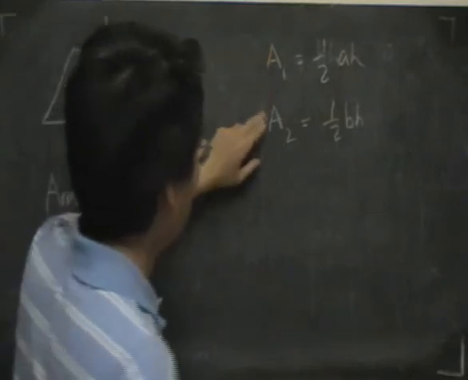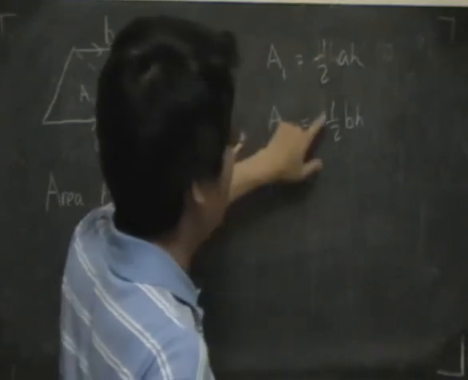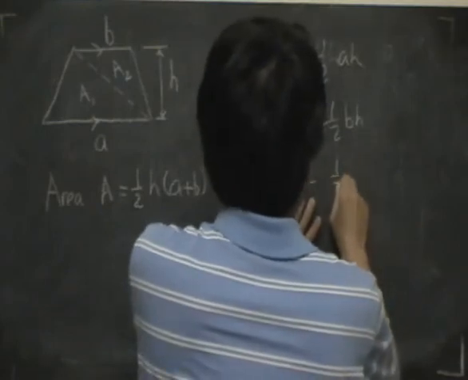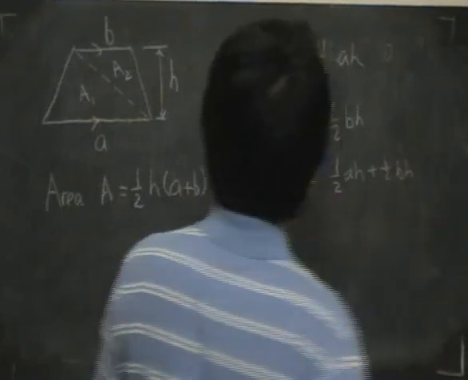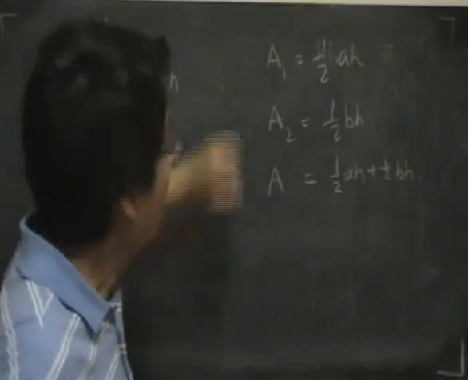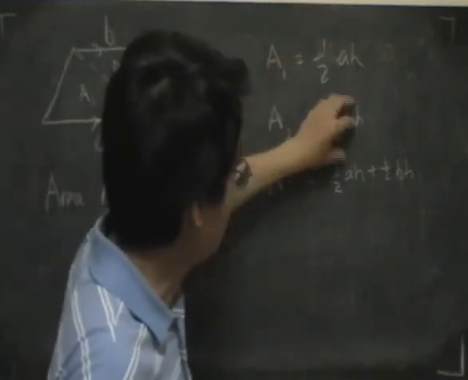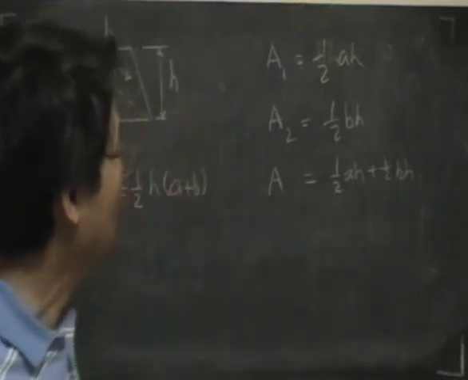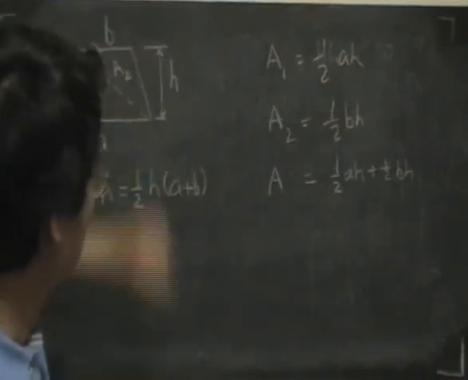So adding up A1 and A2, I will get the total area A, and on the right side I would add them as well. So half AH plus half BH. Alright, so the way it works here is that I have written down those two equations. I added up the left side to give the total area. So if I add up the right side, the answer must also be equal to the left side. So I have this formula for the area of the whole figure.